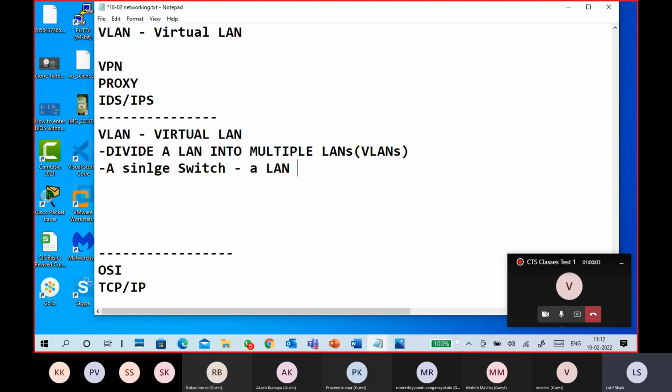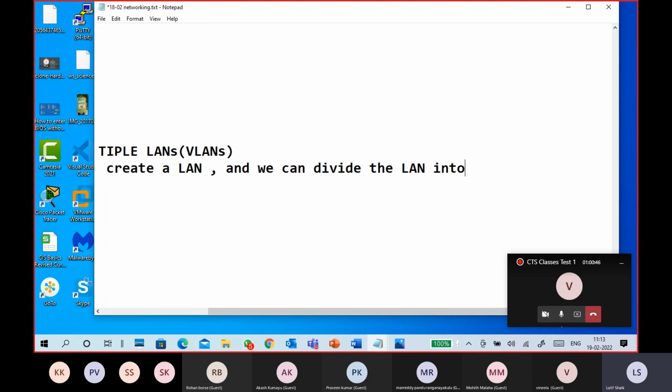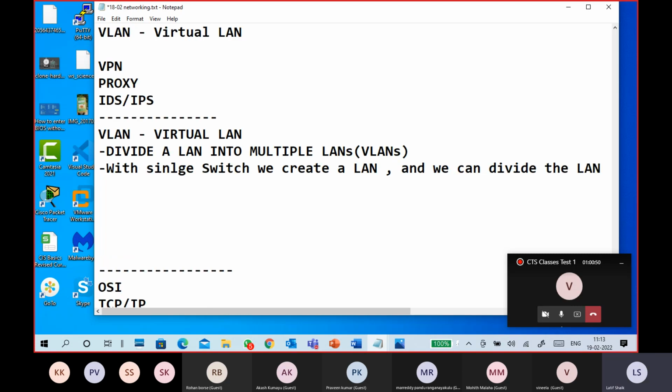So with a single switch we can create a LAN, and we can divide that LAN into VLANs.